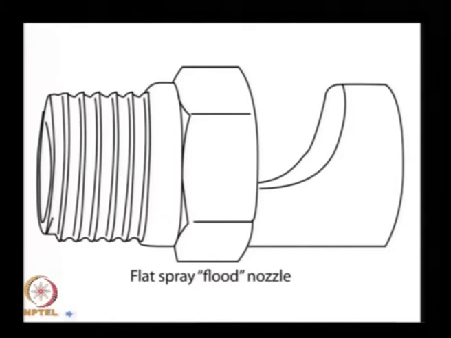The simplest way to imagine this is that you have liquid coming in on one side, the liquid goes through, comes out in the form of a jet here, and this is basically a profile to spread this jet coming out on this side into a film.